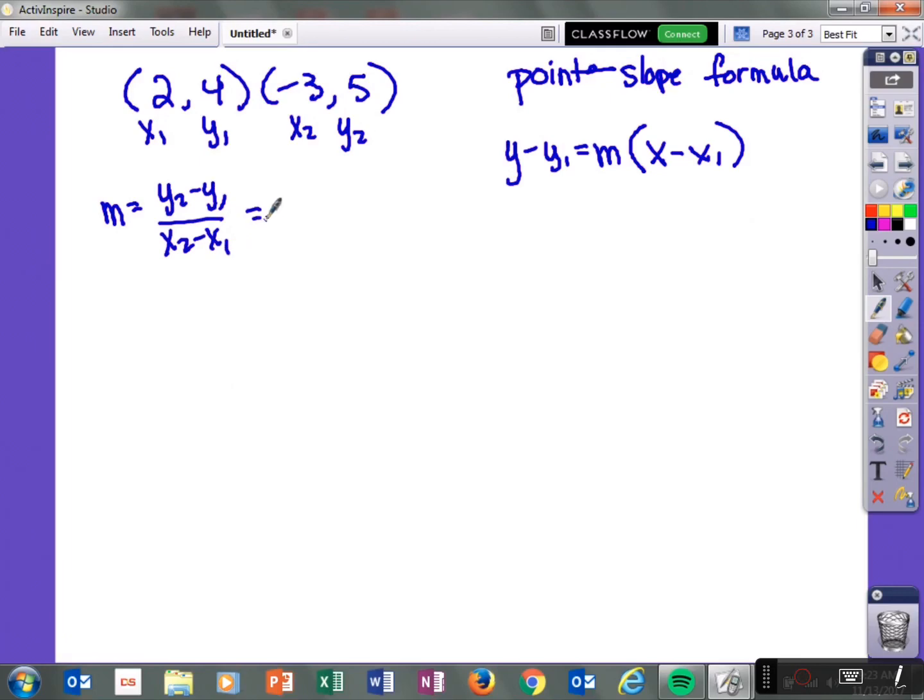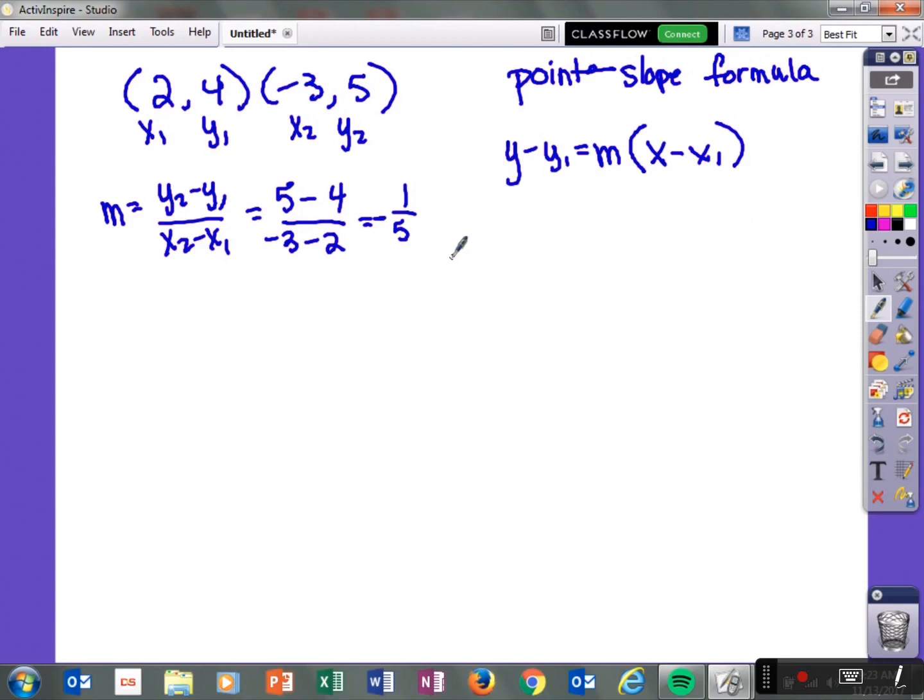What is y2? 5 minus y1, 4. x2 is negative 3 minus 2. What is 5 minus 4? 1. And negative 3 minus 2 is negative 5. Okay, remove the negative out front, right?